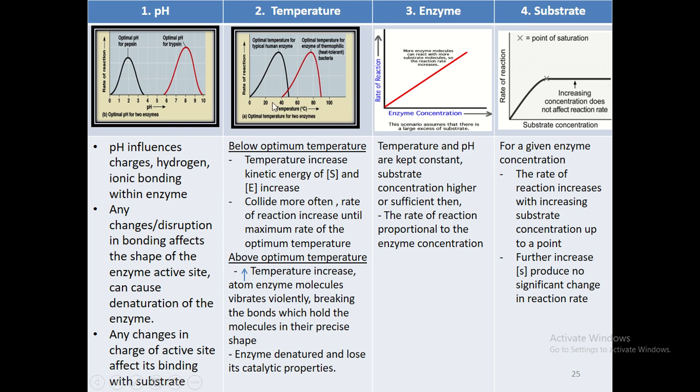And above the optimum temperature, for example, for a typical human enzyme it is 37. So above 37, what will happen? The temperature is of course increased. Thus, the molecules inside the enzyme will vibrate very frequently and they will break the bonds which hold the molecules in their precise shape.